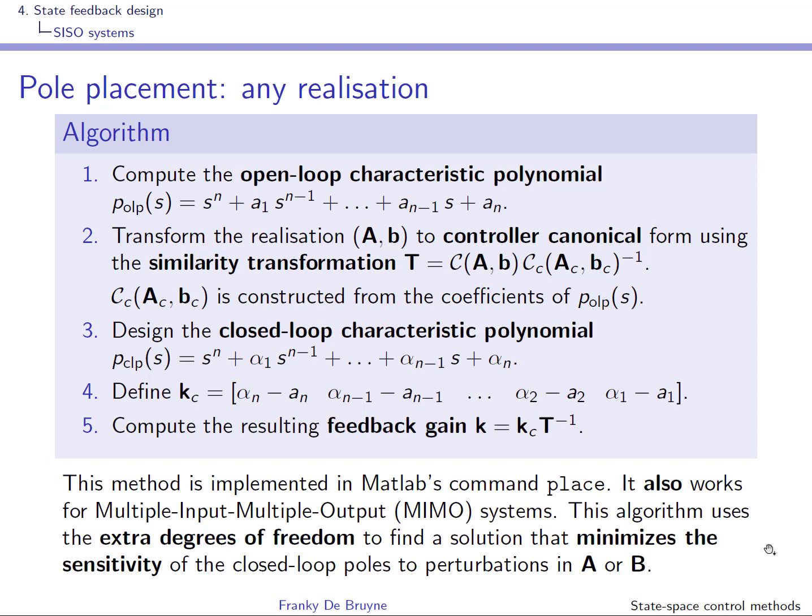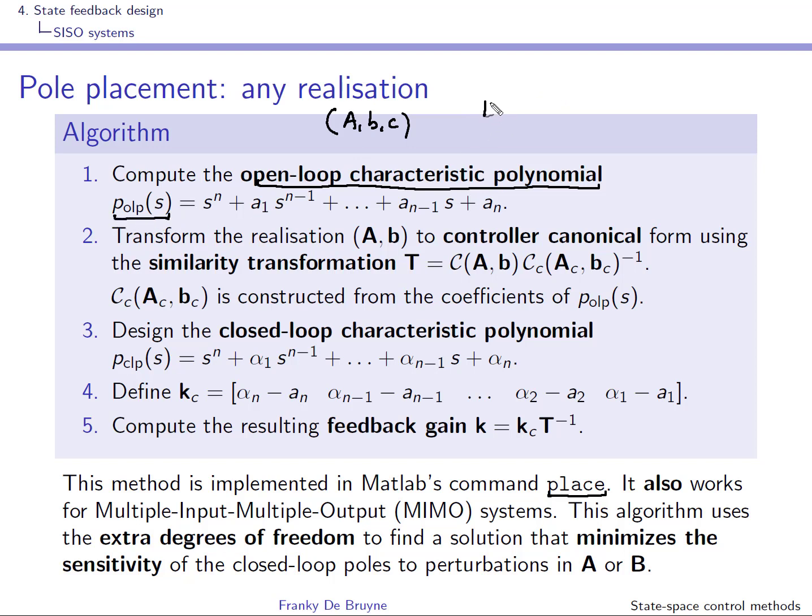So here's the pole placement algorithm that is implemented in MATLAB's command place. The first thing that you have to do is compute the open loop characteristic polynomial, because you'll probably start from a realization A, B, C that is not in the controller canonical form. So how can you obtain this open loop characteristic polynomial?